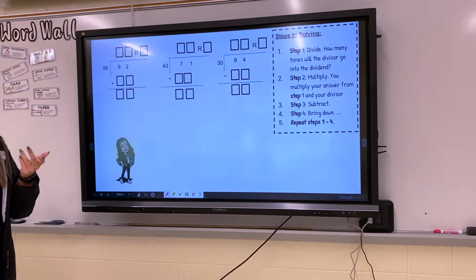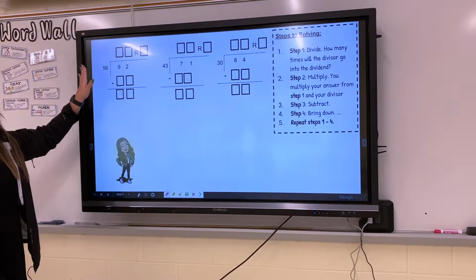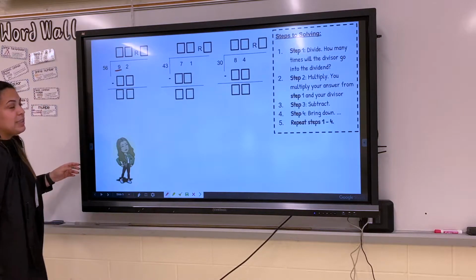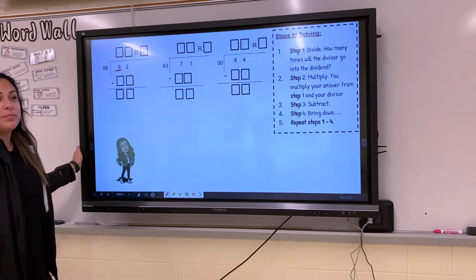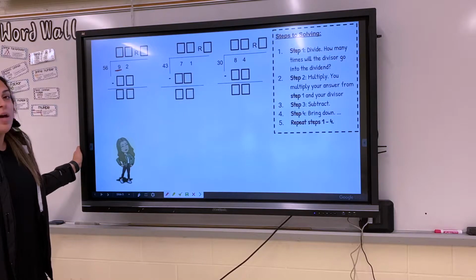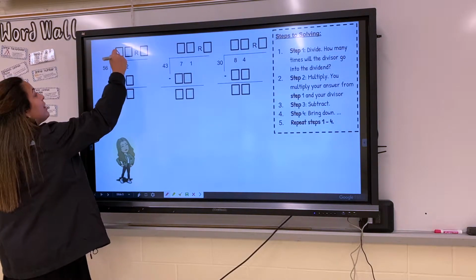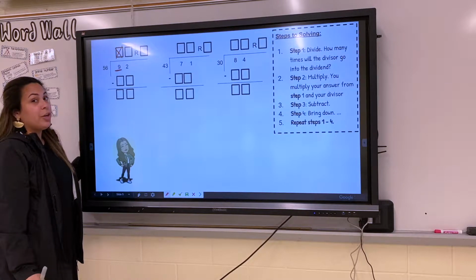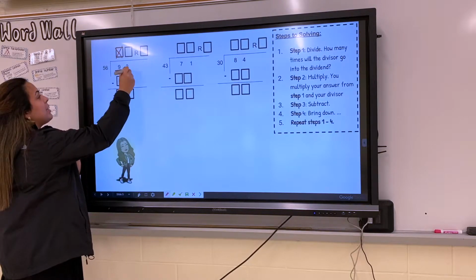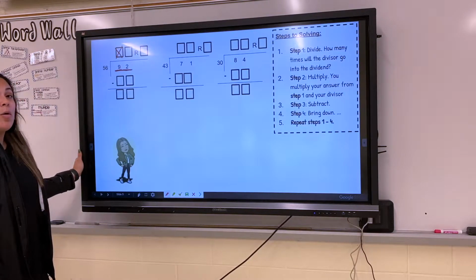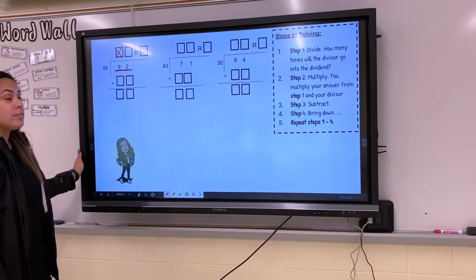Now, I want to know how many times, so I'm going to go number by number. How many times can 56 go into 9? Not one time at all, so that's a no. So I'm going to mark out that place value because the number is not going to go there. And I'm going to extend now to see how many times 56 can go into 92.